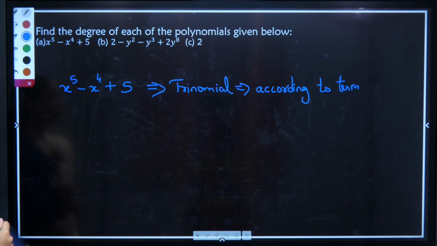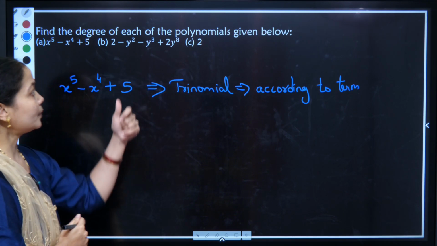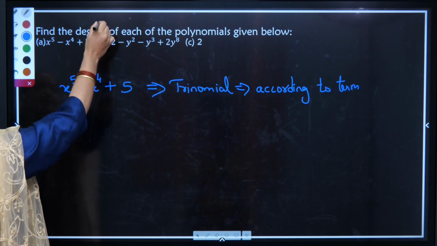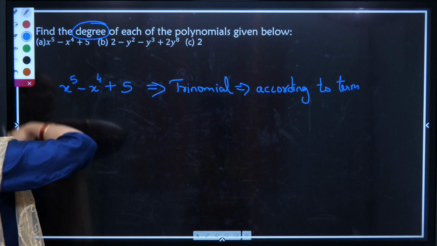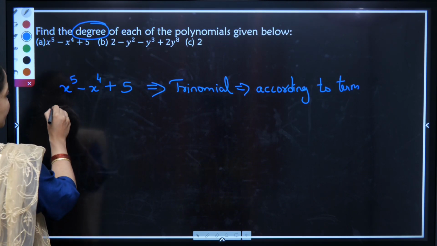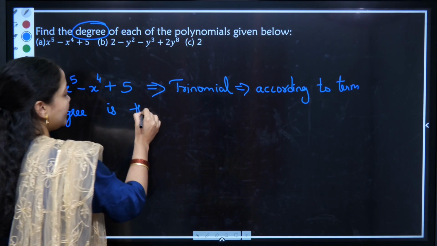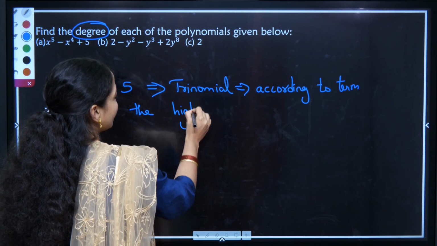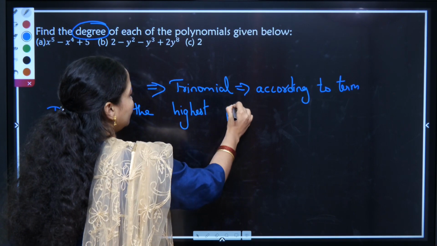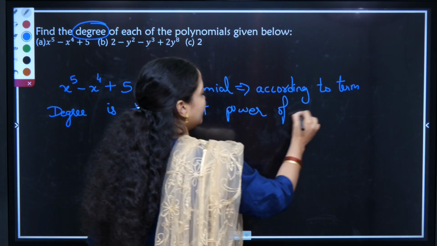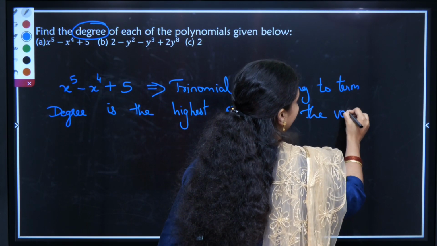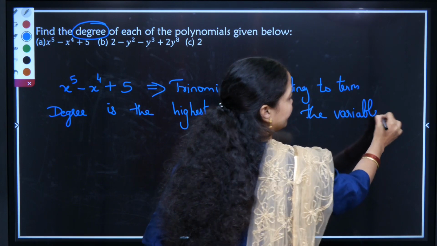So, three terms, I call it a trinomial. But the question is asking me to find the degree of the polynomial. Writing the definition again, degree is the highest power of the variable.